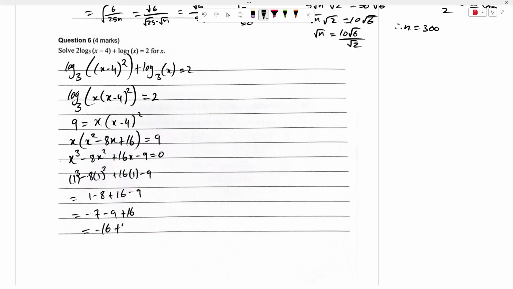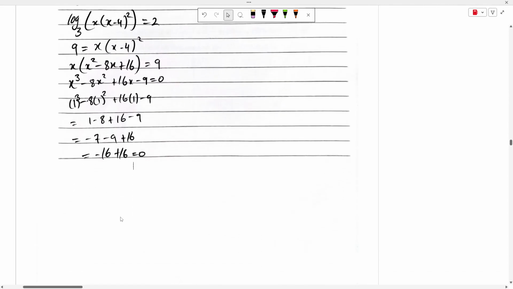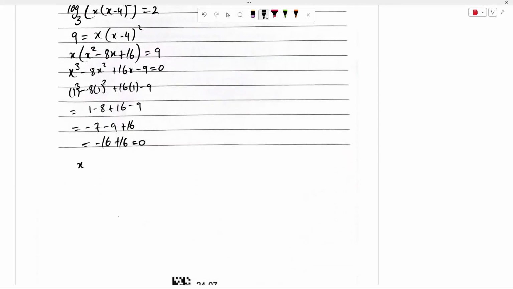That's actually minus 16 plus 16. That's 0. Okay, what does this actually tell us by plugging in 1 and it equaling 0? This is telling us that x minus 1 is a factor of x cubed minus 8x squared plus 16x minus 9.